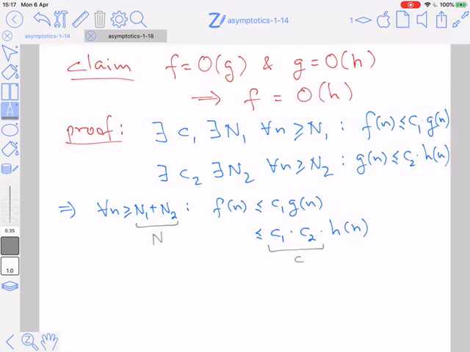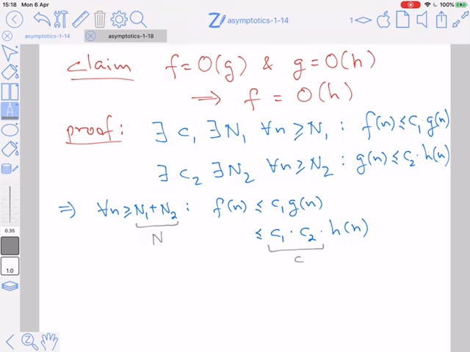Now let's prove transitivity. f is big O of g, g is big O of h, implies f is big O of h. So if f is big O of g, then there exists a positive constant c1 and a natural number n1, such that for every n greater than n1, f of n is bounded by c1 times g of n. And if g is big O of h, we have these constants c2, n2, such that for every n greater than n2, g of n is less than or equal to c2 times h of n.